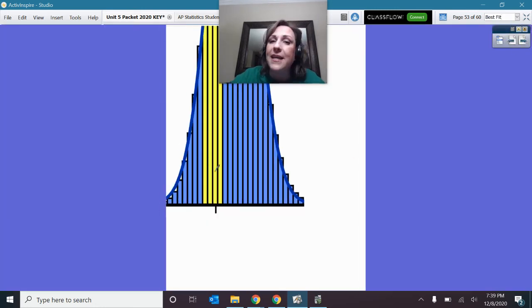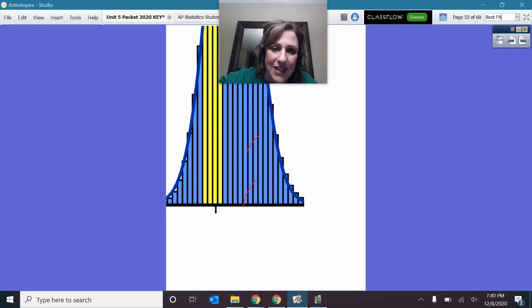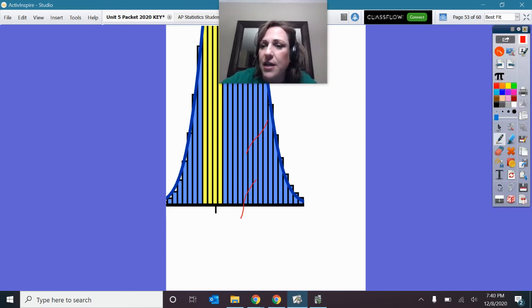Because what's going to happen when we do that normal from 18 to 21 is we're not going to completely have all of that yellow taken care of. This is really going from 17 and a half to 21 and a half.